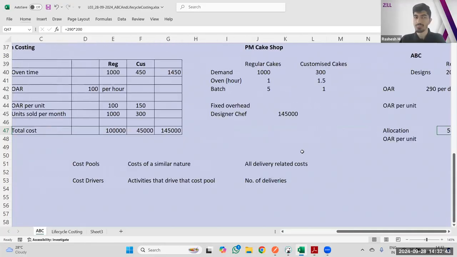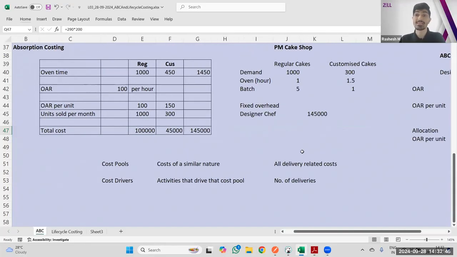Yeah. Thank you. Perfect. So the idea is really simple. If I'm summarizing it one last time, if I am paying your designer 1,45,000, for me, at least business sense may, I know he's spending more time towards custom cakes. So if I were to allocate a ratio of his time, it surely wouldn't be that as more of his time is going in designing regular cakes and less of his time is going in custom cakes. But that's what absorption costing told me.